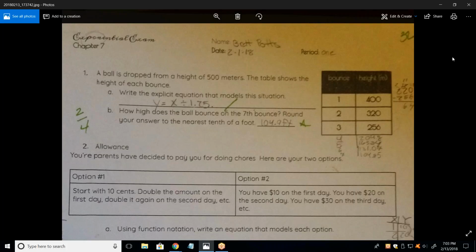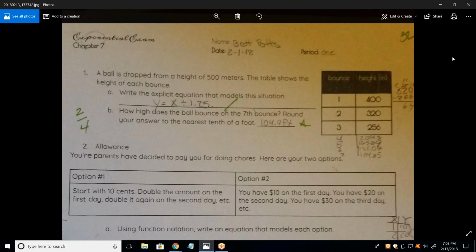Okay, so should we look at this first problem? Yeah. Okay. So what can we notice from the ball? You did it, not quite sure how you did it.